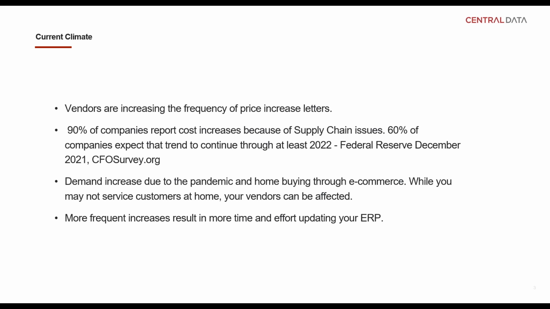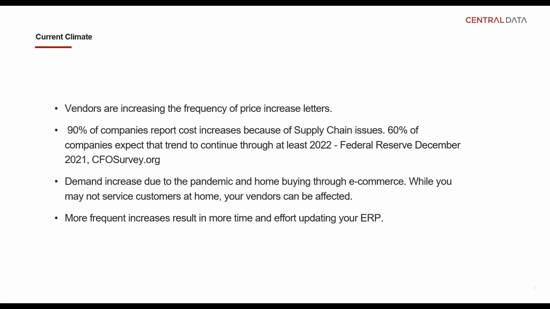And then 60% of those companies expect that trend to continue through at least 2022. And this was a survey done by the Federal Reserve of Richmond in December. And so you can actually get that information at cfosurvey.org. They publish that in cooperation with Duke University. So it's a nice place to check out some of that information.